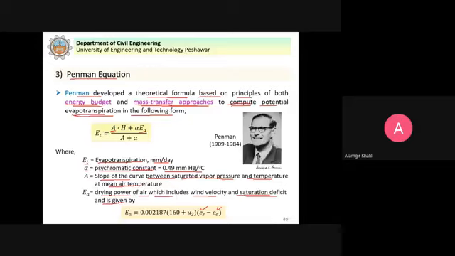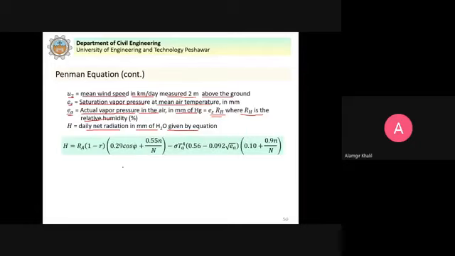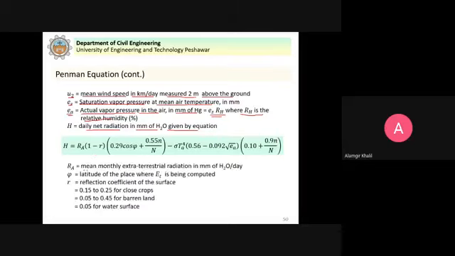And in this equation, we have H. This H is the daily net radiation in millimeter of water, given by this equation. H can be calculated using this equation, where Ra is the mean monthly extraterrestrial radiation in millimeter of water per day.